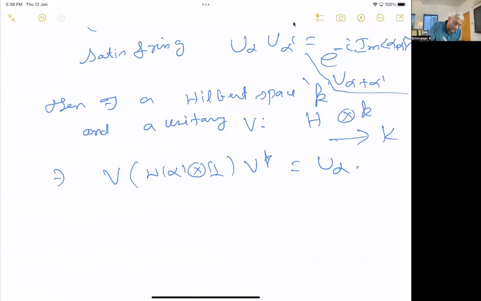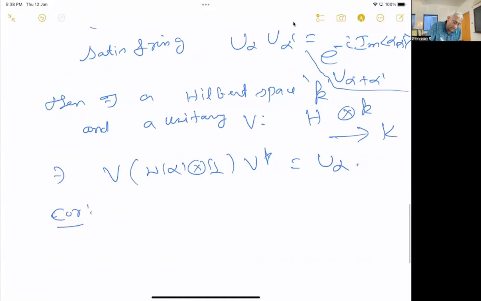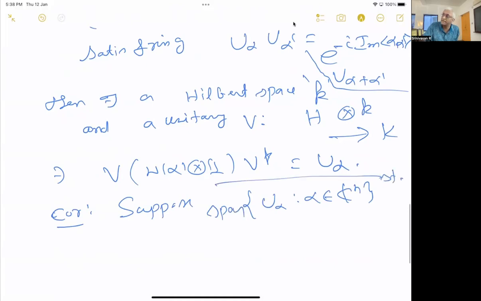So, a corollary to this: suppose the span closure of U alpha, alpha in Cn, in the strong topology is equal to B of K. Then there is no small k, and K is equal to C. I mean, K is nothing but the same as the Fock space. There is a unitary between them, and you can identify these two spaces with the unitary.